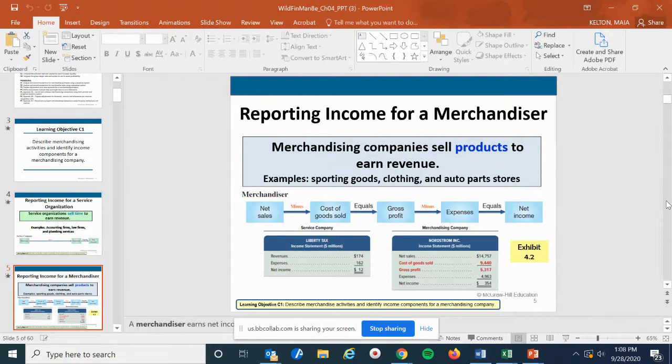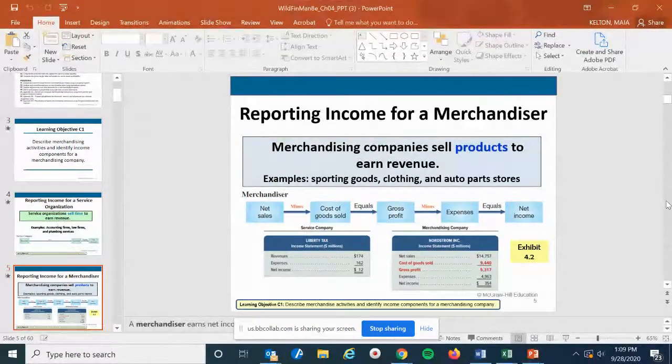So far, for the first 3 chapters included in our first exam, we called revenues service revenues, and we simply took revenues and subtracted expenses to calculate net income. Going forward, though, we'll learn that the first step in preparing an income statement for a merchandiser would be to figure out what their net sales are. Net sales are the gross sales of a merchandiser minus any sales returns, sales discounts, and sales allowances.